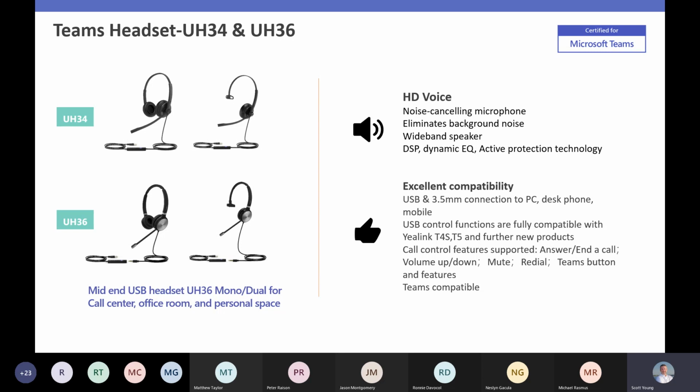So we've got the UH34 range of headsets and also the UH36 range of headsets. Now, both of these headsets also have a control unit where we can mute, hang up, and alter the volume to the headset. Now, also being a Teams certified headset, they do have the Teams button on that control panel as well.